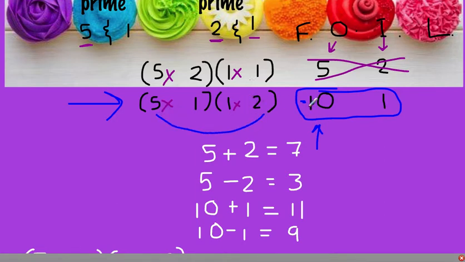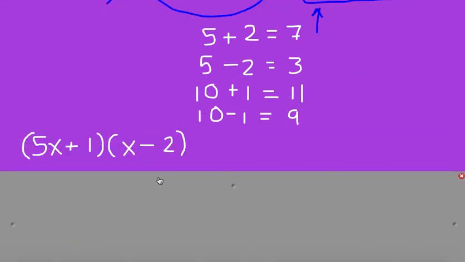Well, that means that if I wanted this to be negative, I would want a negative sign right here, so that it would be 5x times negative 2, which would give me a negative 10. So when I combine my like terms, it would be a positive 1 combined with a negative 10. So I want the negative 2 to be right there. So my answer is going to be 5x plus 1 times the quantity x minus 2.